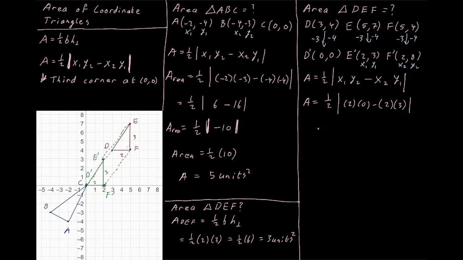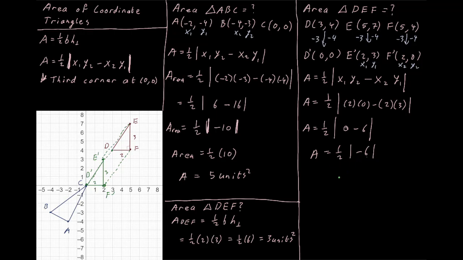We should end up with 3 square units, and we'll see if we do in a moment. We end up with half of 2 by 0 is just 0, and minus 6, and that's a modulus symbol, an absolute value symbol. So the area is equal to a half of the absolute value of minus 6.